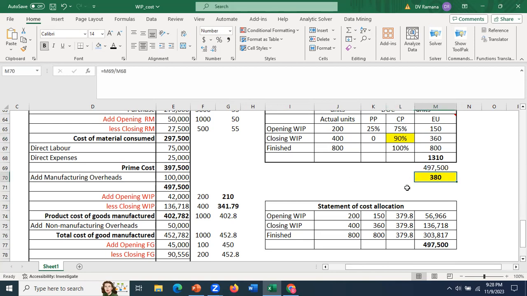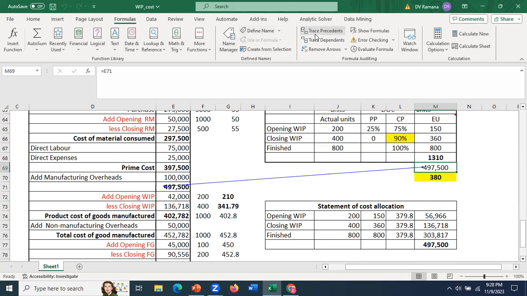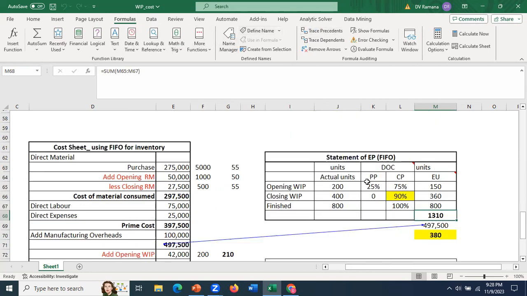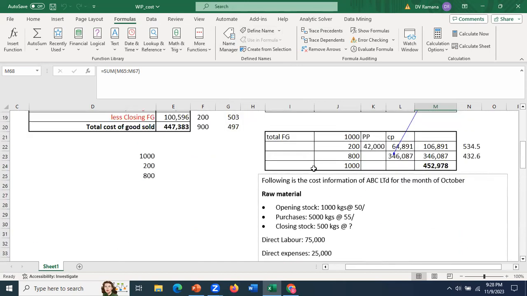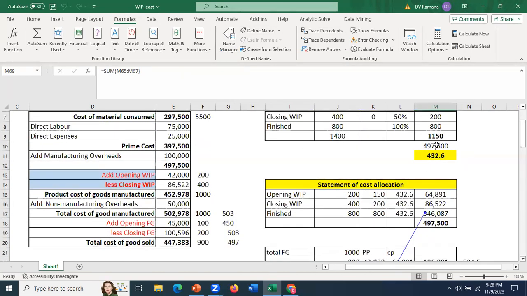Observe, the cost per unit has come down. Why? That means the same 497,000 is now spent on 1,310 equivalent units. In this case, the same 497,000 was spent on 1,150 equivalent units.